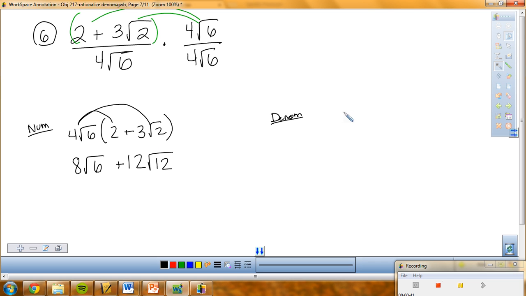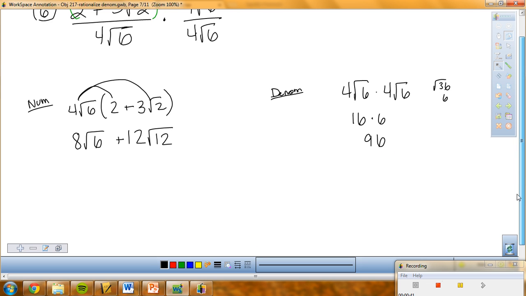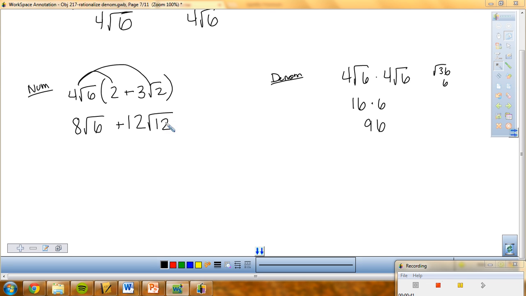My denominator is going to be 4 radical 6 times 4 radical 6. Well, 4 times 4 is 16. The square root of 6 times the square root of 6 is the square root of 36, which we know is just 6. So this becomes 16 times 6, and we get 96. So now I can push it back together and start to simplify.